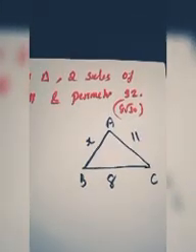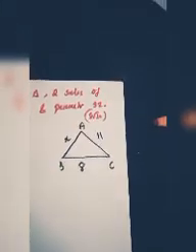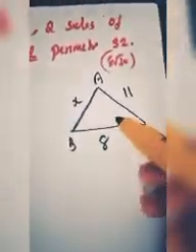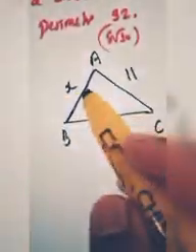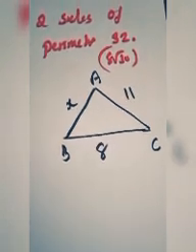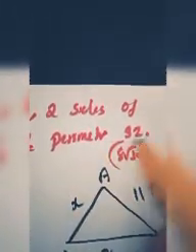Which is the next information given? As I said, two sides are given, 11 and 8 centimeter, and the third side is not given, so let's mark it as some X. And one more information is given: perimeter is given as what? 32.